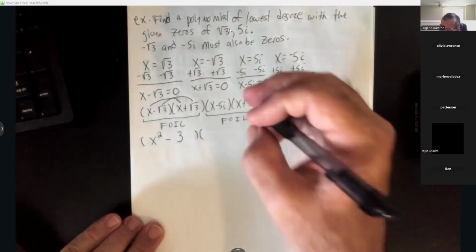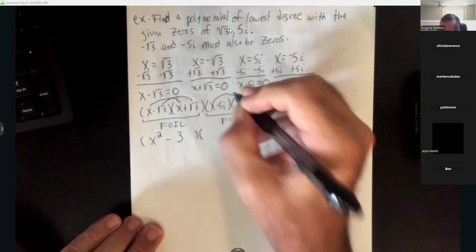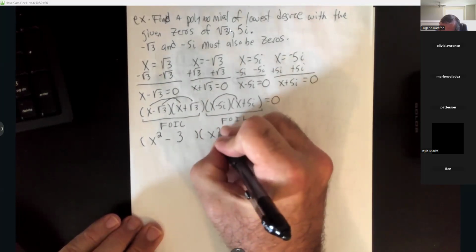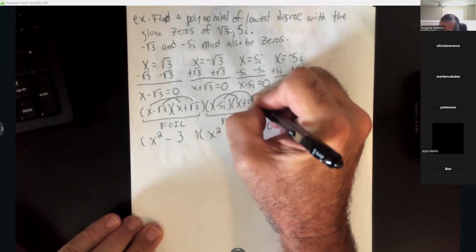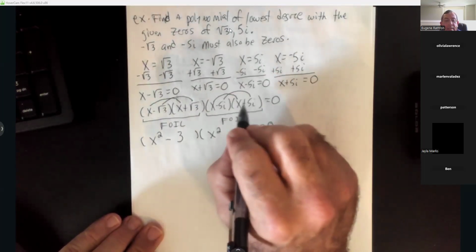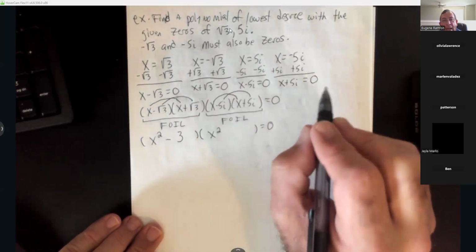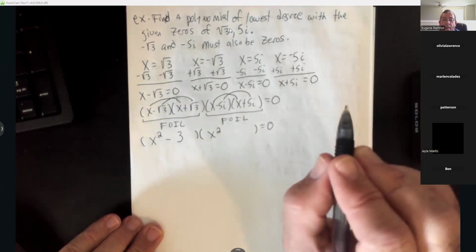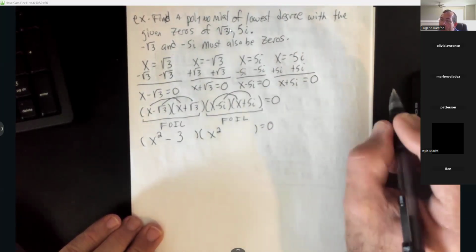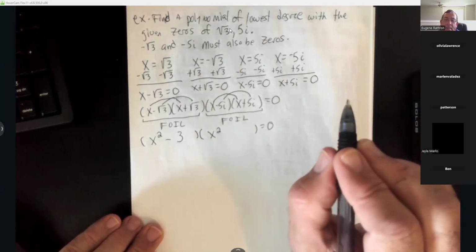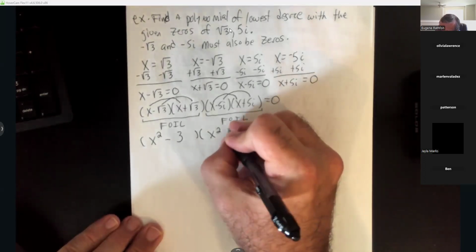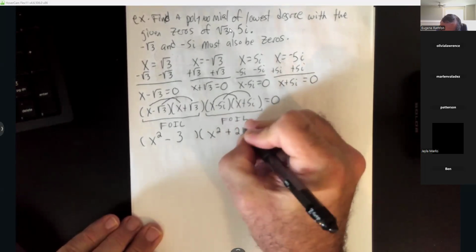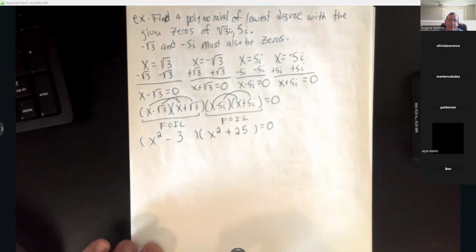Now let's do that over here. X times x is x squared. Then the negative 5i times 5i is a negative 25i squared. But remember, i squared equals negative 1. So that gives you negative 25 times negative 1, which is a positive 25.